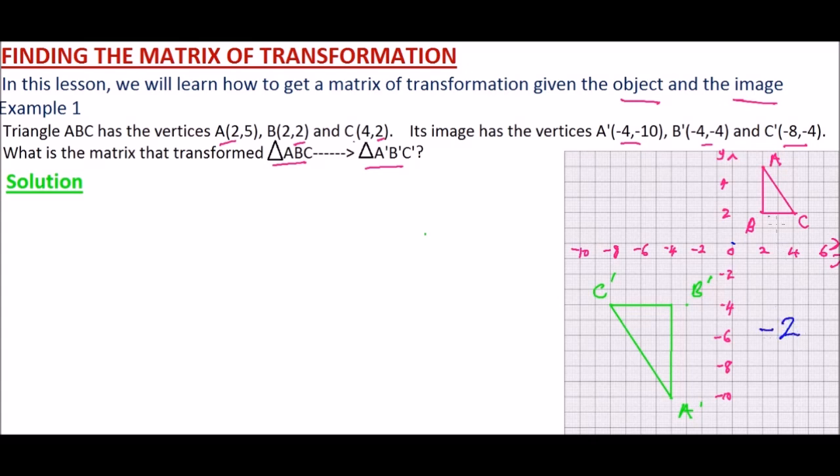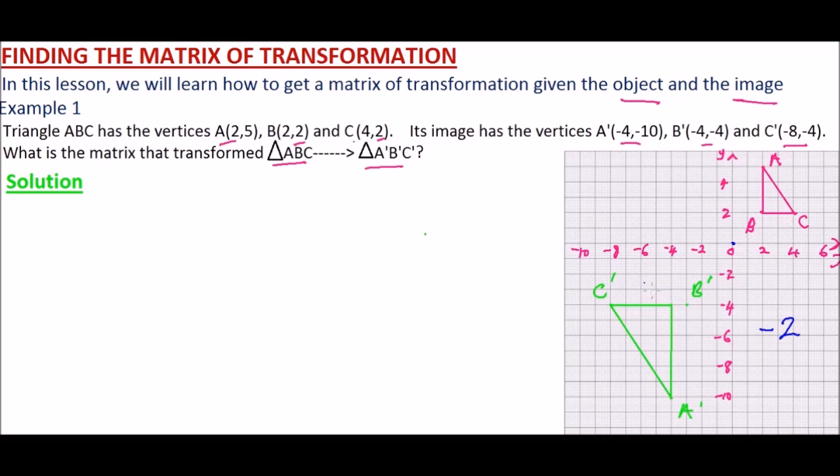Minus meaning that the triangle has been enlarged on the opposite side of the center of enlargement, which is the origin. If you draw lines from A to A prime, you find that from A to the center is half the length from the center to A prime, and the same case applies to B prime and B and C prime.